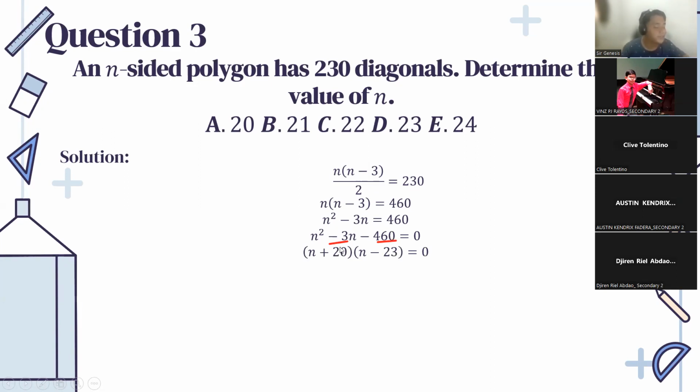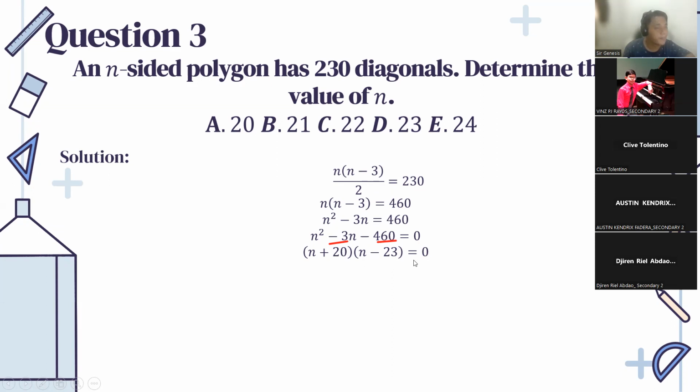So since we have -3 as the coefficient of n, then we can have -23, while the other one is +20. So the factored form for n squared minus 3n minus 460 is n plus 20 multiplied to n minus 23, which is equal to 0.